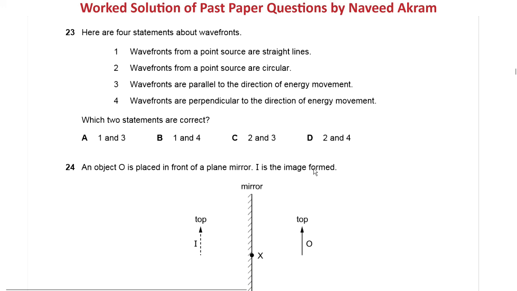No, the wave fronts from a point source are not straight lines, they are circular. So the first statement is not correct. Wave fronts from a point source are circular. Yes, if we have a point source, the wave fronts will be like this. They are circular, so this statement is correct.